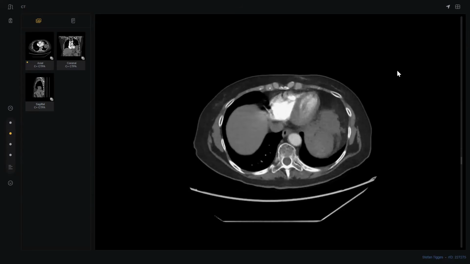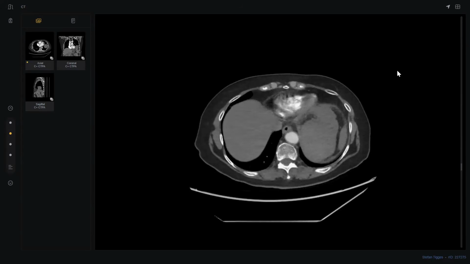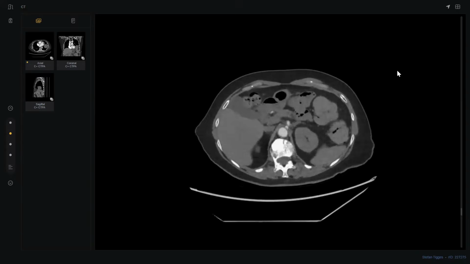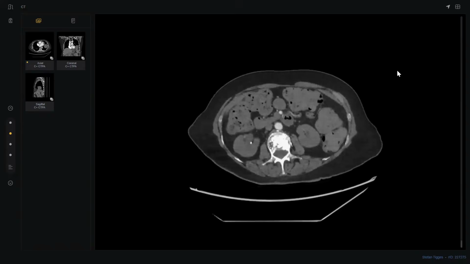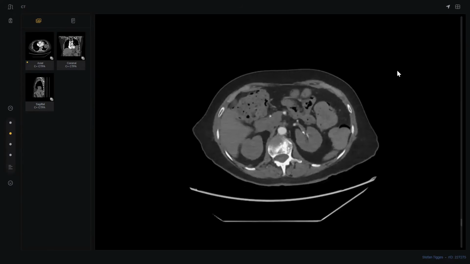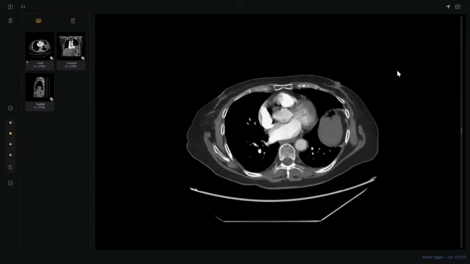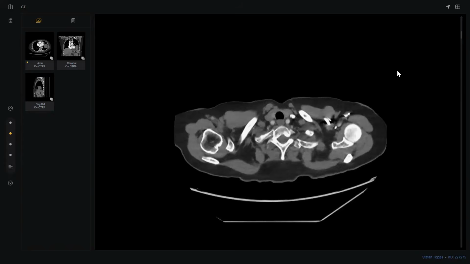I can see there is abnormal location of the bowel and stomach, which is lying higher than its usual level.